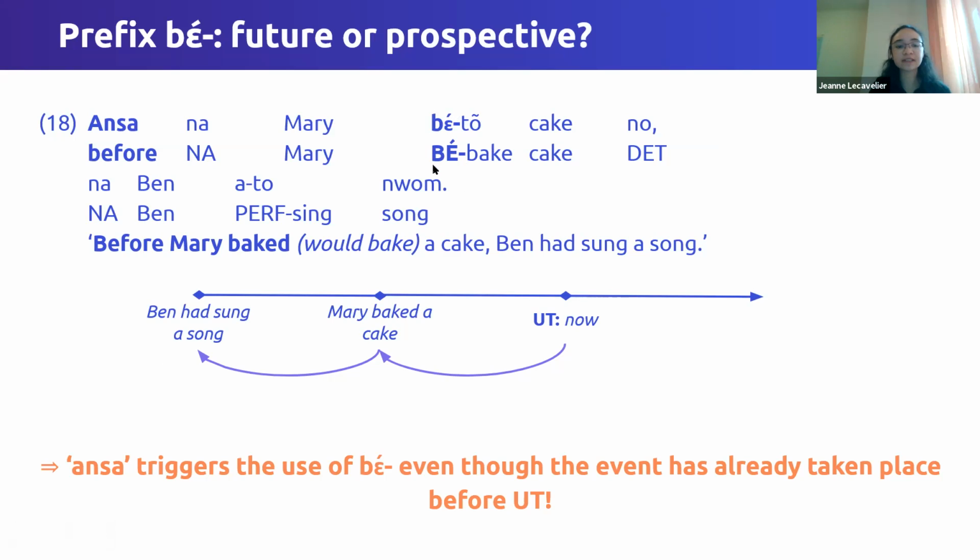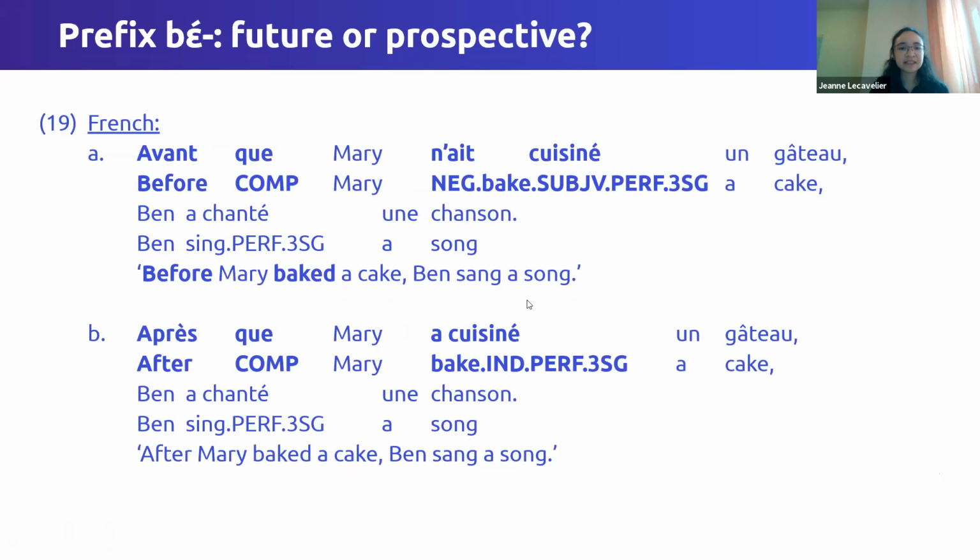And it could seem weird that before triggers the use of bay plus high tone, even though the event has already taken place by the reference time. But actually, this is something common cross-linguistically, that the particle before triggers some weird tenses or moods, such as in French, for instance, where in this sentence, before Mary baked a cake, Ben sang a song, you find that the verb to bake is in the subjunctive.